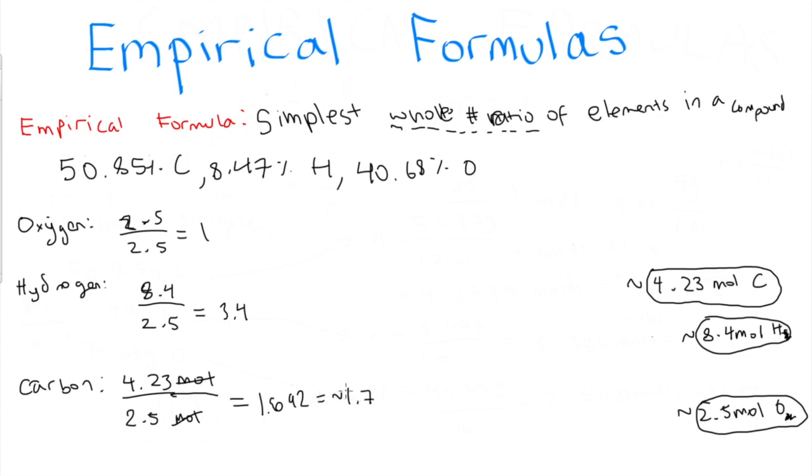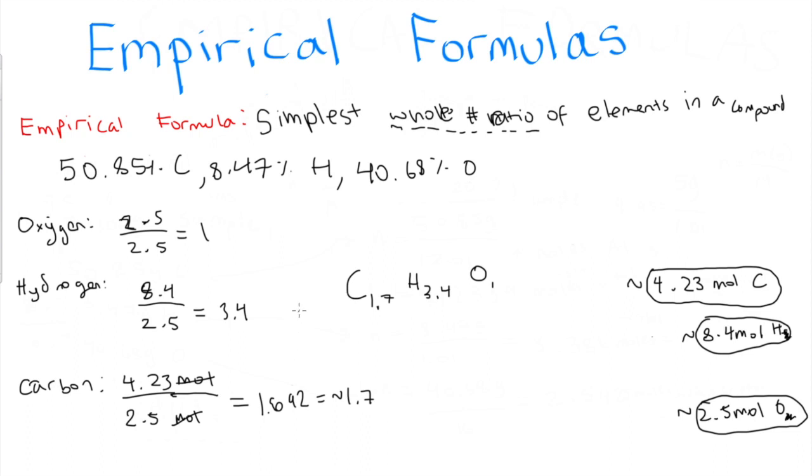Okay, so let's put this all into our skeleton formula. We have C 1.7, H 3.4, and O 1. We don't really need to keep that 1 there, but it doesn't matter. These aren't whole numbers, and we need to make them all whole numbers. So what we do, again, is multiply the entire equation by a number that will make all the subscripts whole numbers.